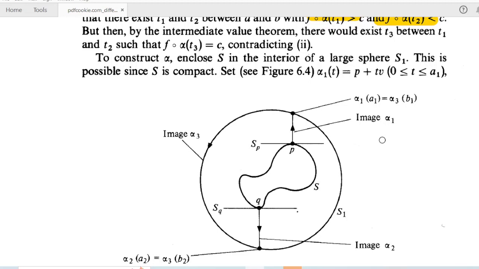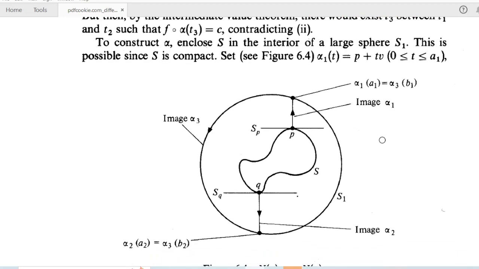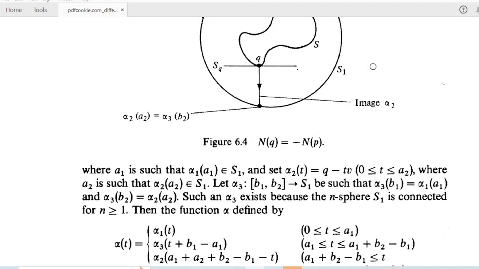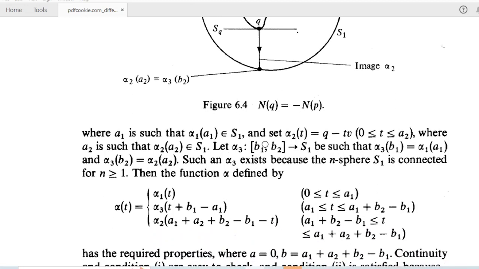Set alpha 1 of t equal to p plus tv. So we defined a function alpha 1 which is equal to p plus tv, where a1 is such that alpha 1 of a1 belongs to S1, that is, the image of alpha 1 belongs to S1.